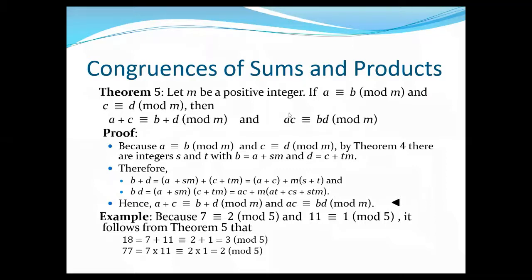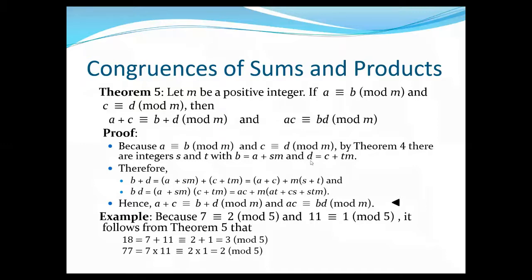Just to prove that this is correct, again we have these two relationships, and based on theorem number 4, we could rewrite these two relationships as b is equal to a plus sm, wherein s is any integer that when we multiply to m and add to a will yield b. Same with this, t is an integer that when we multiply to m and add to c, it will give us d.